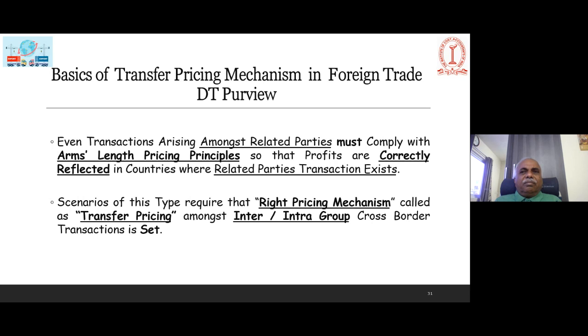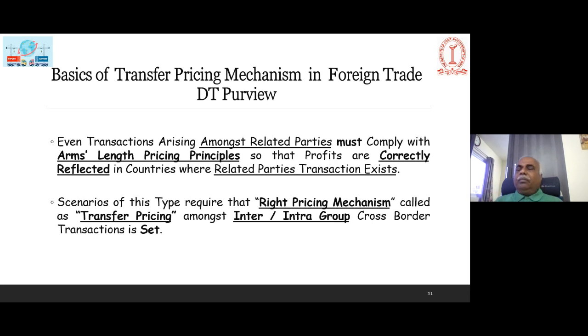Arm's length. What is the arm's length? Suppose I am starting one company. I am selling the product for 20 rupees to the customer, but to my relatives I am giving it for only 15 rupees. That is not an arm's length transaction. Arm's length transaction means whether relative or public, I am charging the same price.